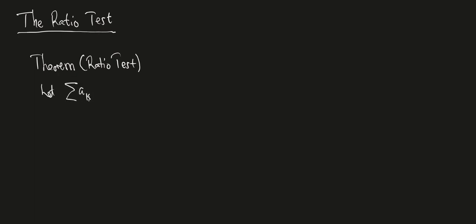Let the sum of a sub k, and again, I'm not going to specify whether it starts from 1 or 0. That's kind of irrelevant when you're talking about just convergence. Let this be a series with positive terms.